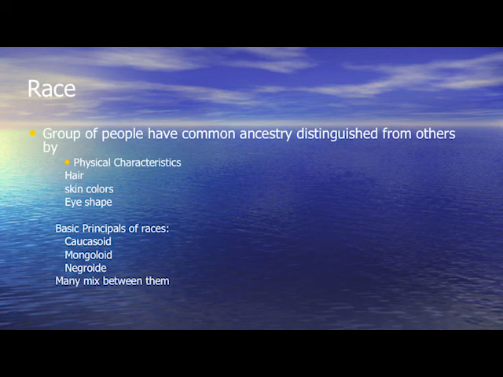When we talk about race, we talk about people who have common ancestry, distinguished from others by physical characteristics like hair, skin color, eye shape. And anthropologists divide the whole world into three groups: the Caucasian or Caucasoids, the Mongoloids and Negroids, and there's a lot of mix between these race types.